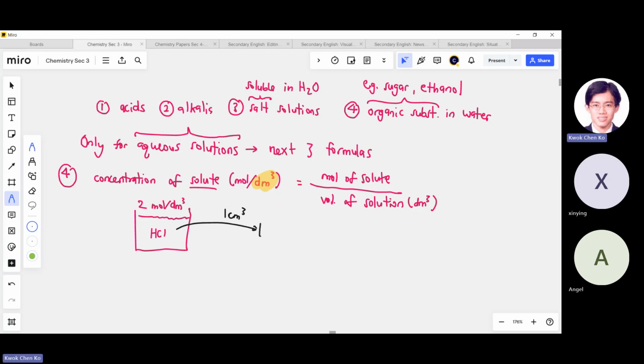It's just a very tiny amount. Guess what? The concentration is still the same, still 2 mole per dm cube. On the other hand, I pipette out 100 cm cube, a much bigger volume. My concentration is still the same.